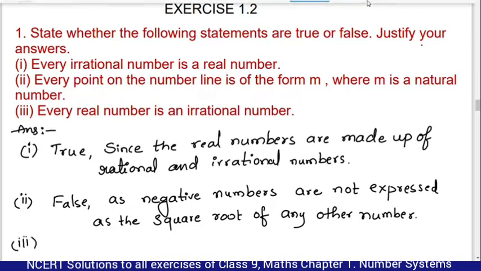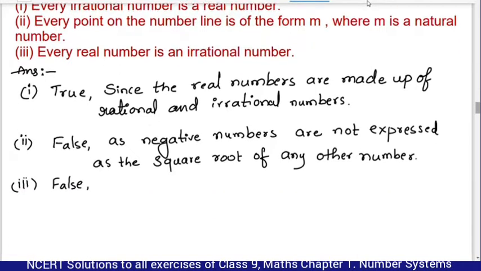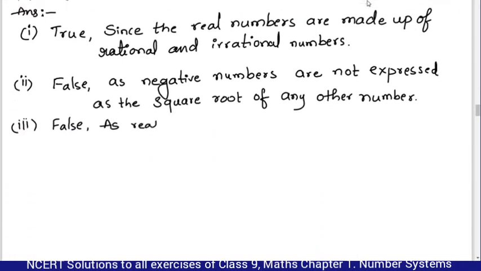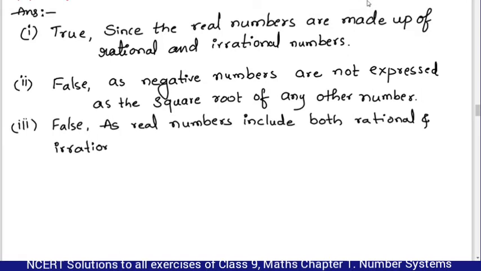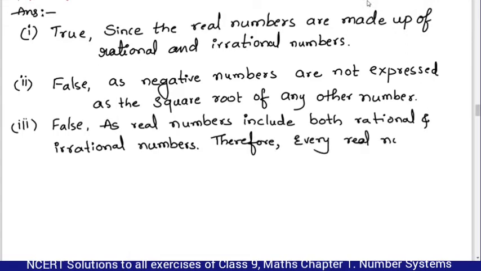Third one, every real number is an irrational number. It is also false, as real numbers include both rational and irrational numbers. Therefore, every real number cannot be an irrational number.